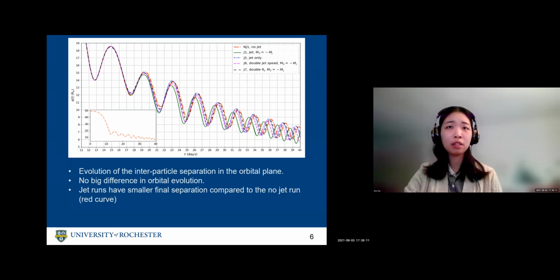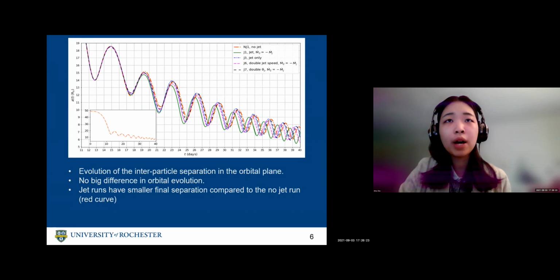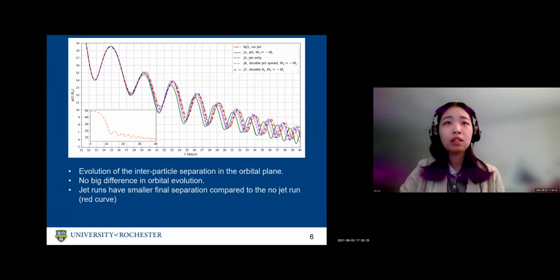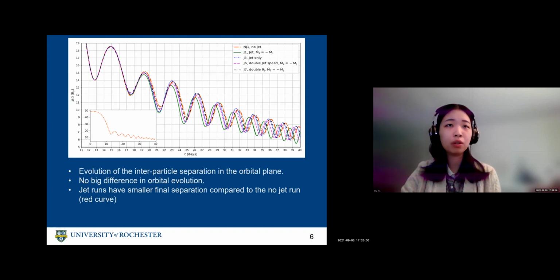You don't see any significant difference, but if we focus on this green solid line, our fiducial model, and compare it to the red dashed curve, you see a phase shift, and roughly all the models with jet end up with a slightly smaller orbital separation at the end of the 40-day period.